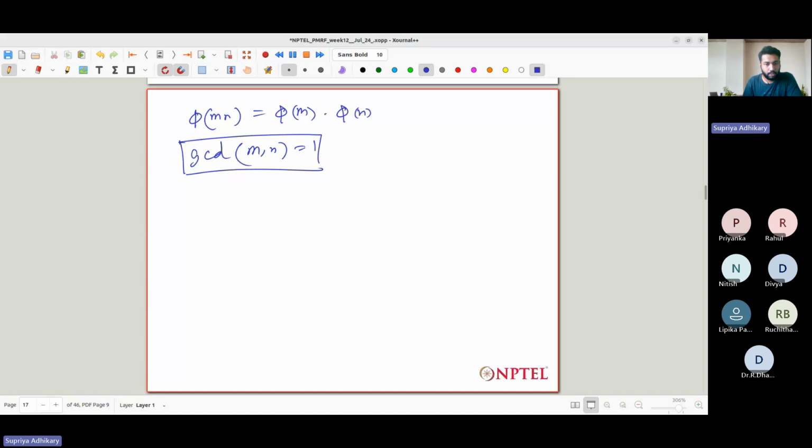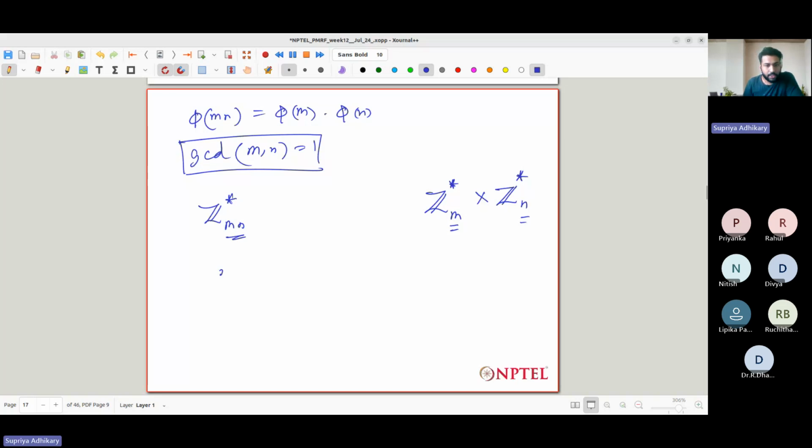So suppose that we are given this group, that is all those elements that are co-prime to mn. This is the set of all integers that are co-prime to mn, and this is basically the set of pairs of integers such that the first one is co-prime to m and the second one is co-prime to n.